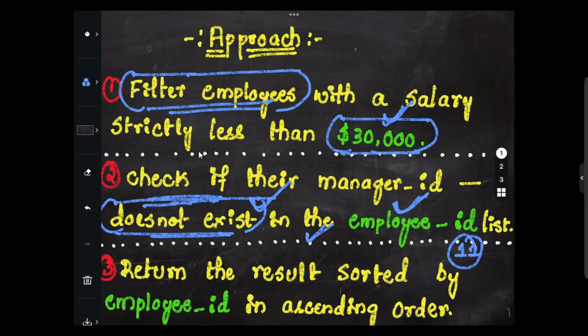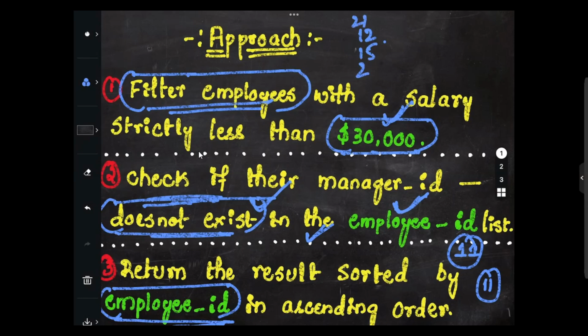We will check if their manager ID does not exist in the employee ID list. We have to return the result sorted by employee ID in ascending order. In the example, there was only one case, employee ID 11, so we just have to return it. But suppose we had 3 employees whose manager has left the company, with employee IDs 21, 12 and 15.